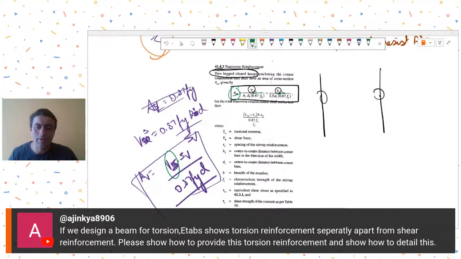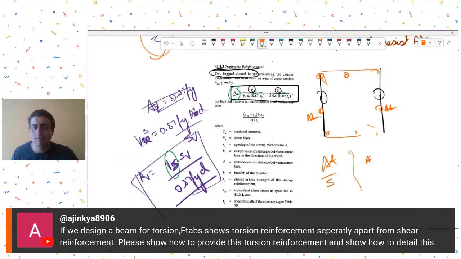In the American code, they clearly give two separate values. They give you the At upon S, where At is the torsional reinforcement only for the outer leg, and then you have the value of Av upon S, which is the total shear reinforcement for all legs combined.